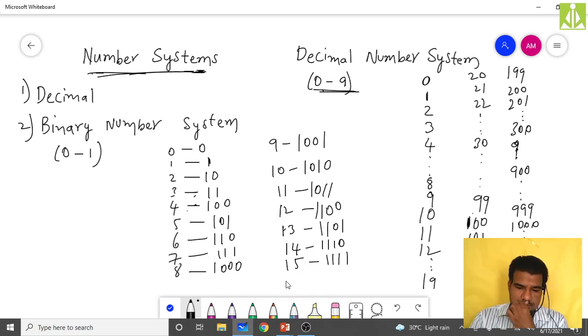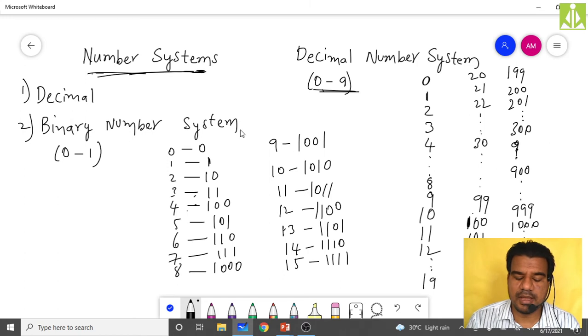Like this. Okay, this is enough. So in this way we represent the binary numbers using only 0 and 1.